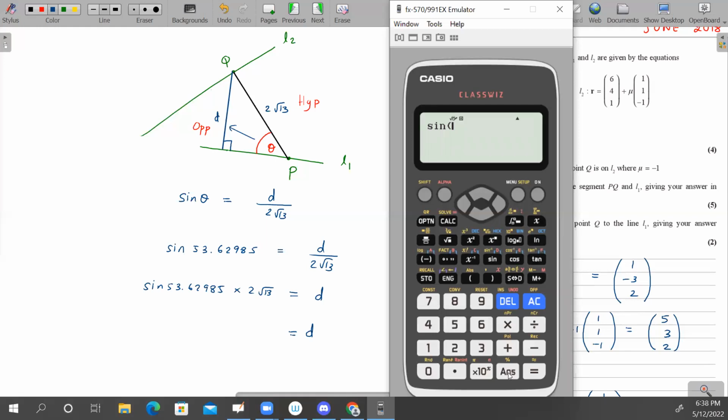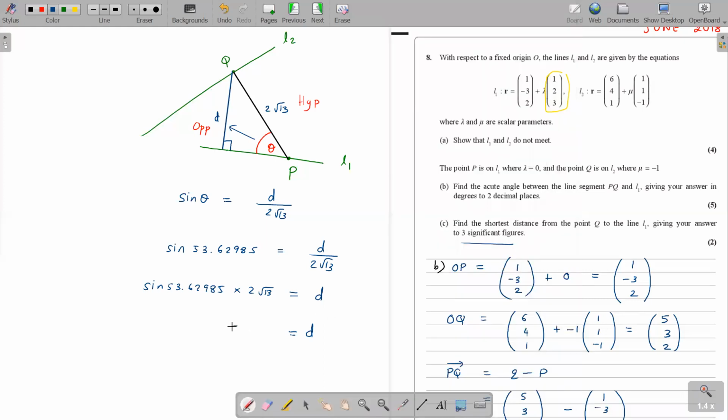Sorry, this was a different answer. So sine 53.62985 times 2 root 13, and I get the answer 5.8064. So correct to 3SF, 5.81. Okay, 5.81 units. So this is the distance.